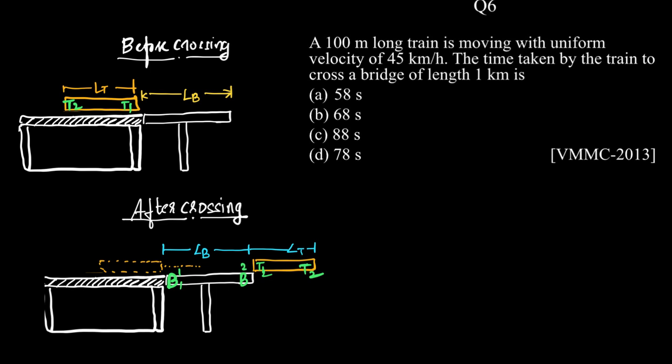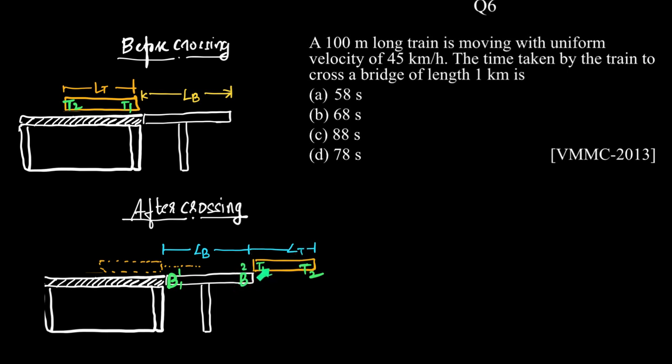So when the final portion of the train, which is T2, coincides with the final portion of the bridge, which is B2, only then the crossing is complete, right? So crossing completes when T2 overlaps with B2.